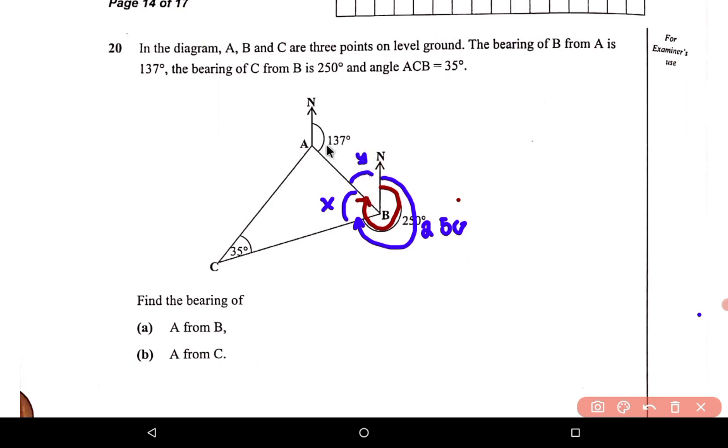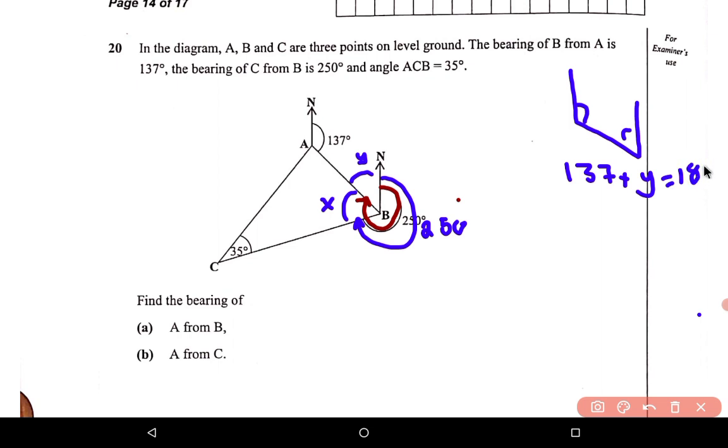This will be very easy to find because of this bearing that we are given here. According to the rule, if you have a line like this and another line like that, here is 137 and here is y, these two should always add up to 180. So 137 plus the y that I've written here is equal to 180.